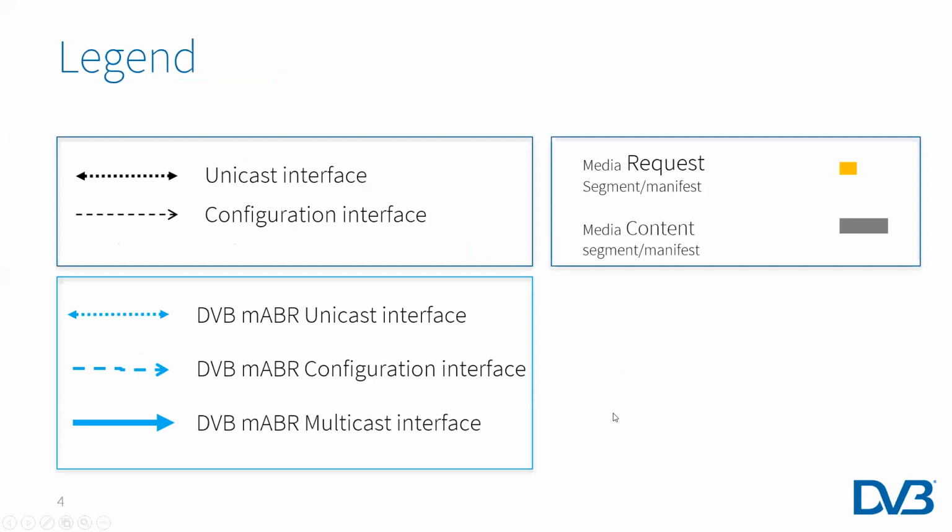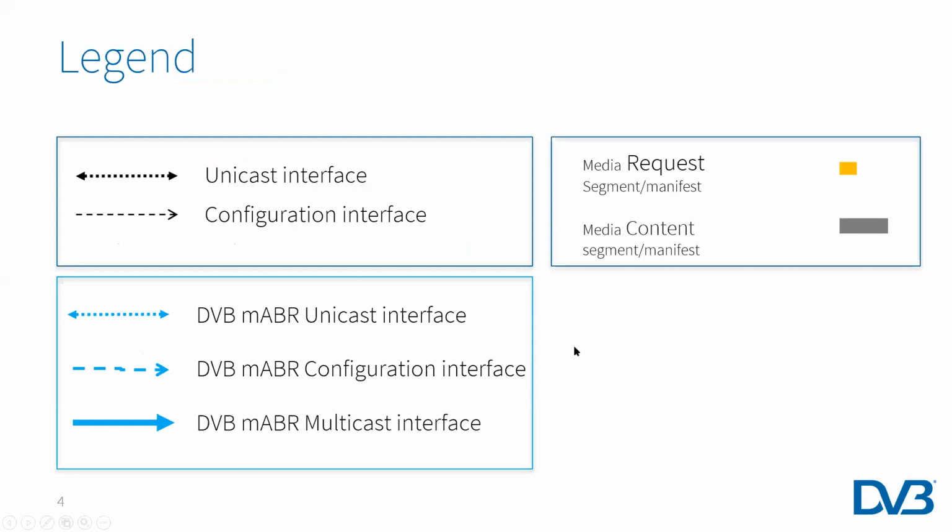Thank you, Richard. So let's start first with an overview of Multicast ABR. You will see a lot of animation and graphics, and by the way, the presentation is mostly and essentially based on these graphics. So the legend is here. We're going to talk about Unicast interface.